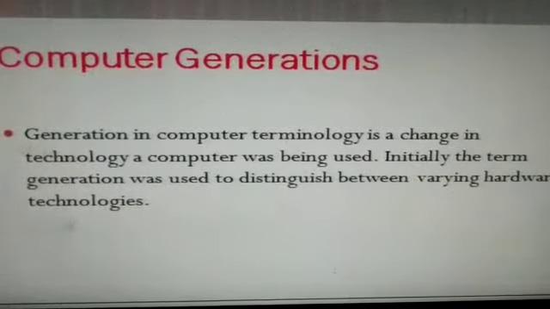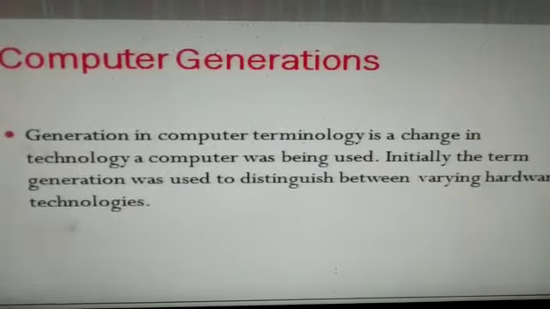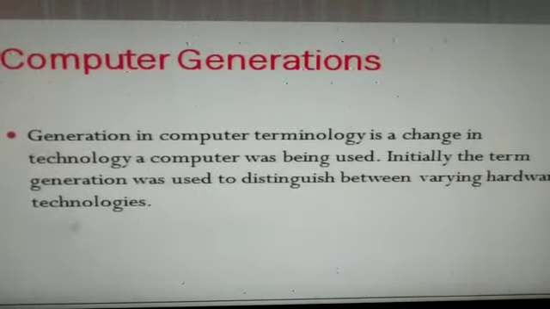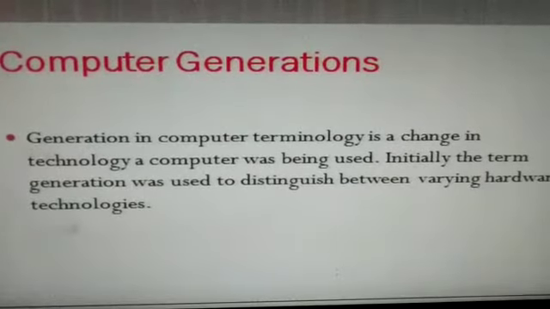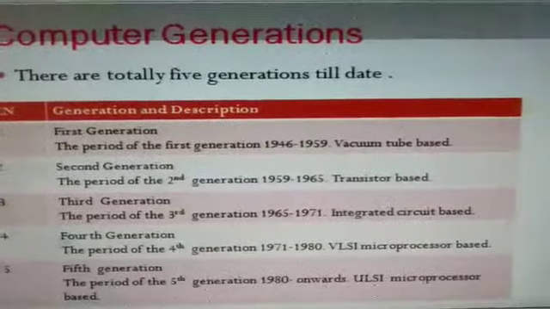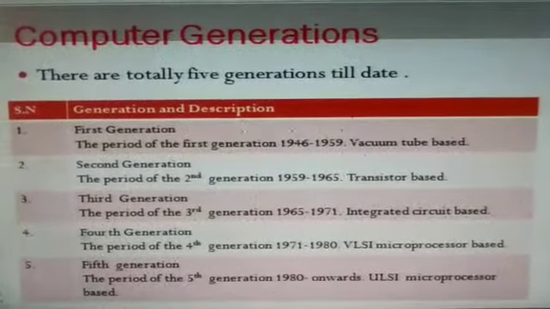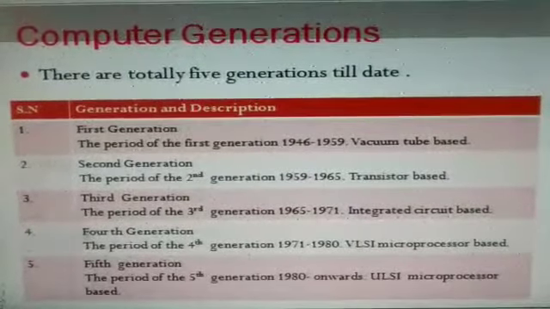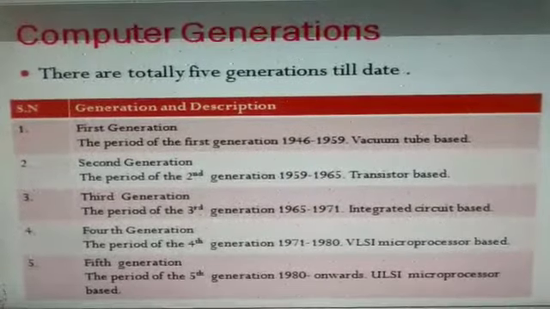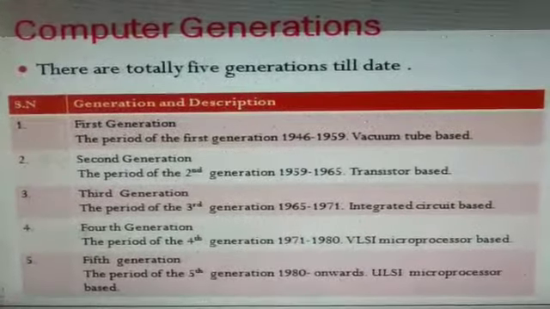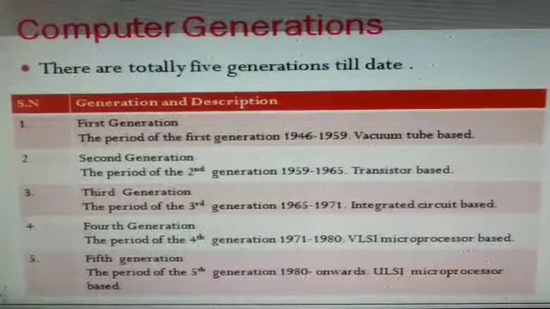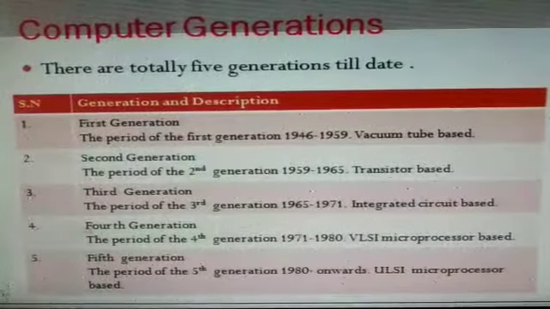Students, many kinds of computers have been designed and built during the evolution of the modern digital computer. And now there are totally 5 generations till date. This table you can see here is based on the generations of computers.